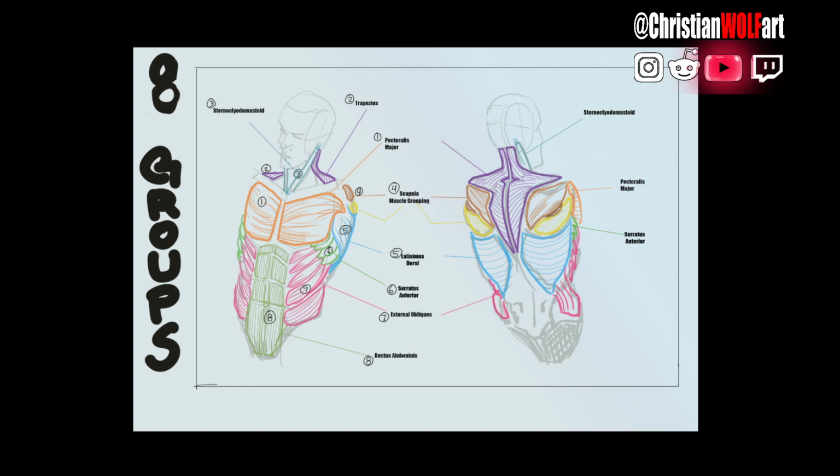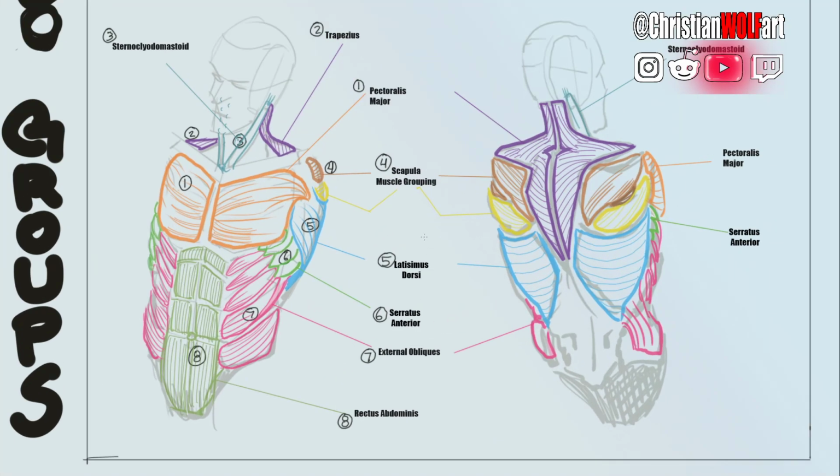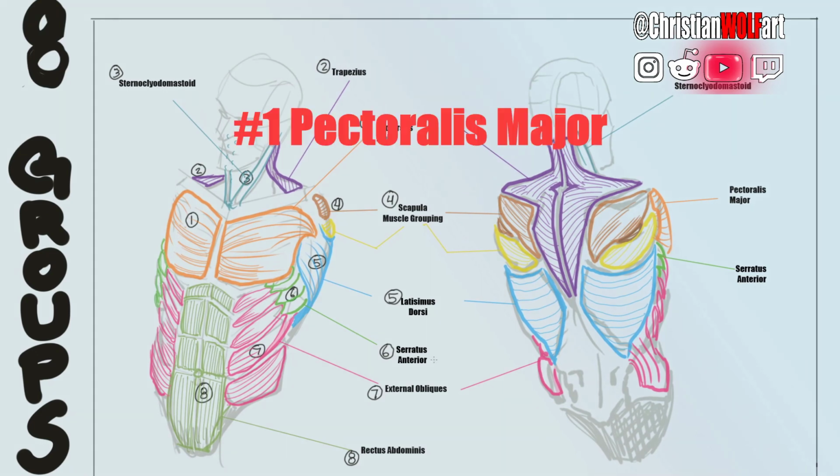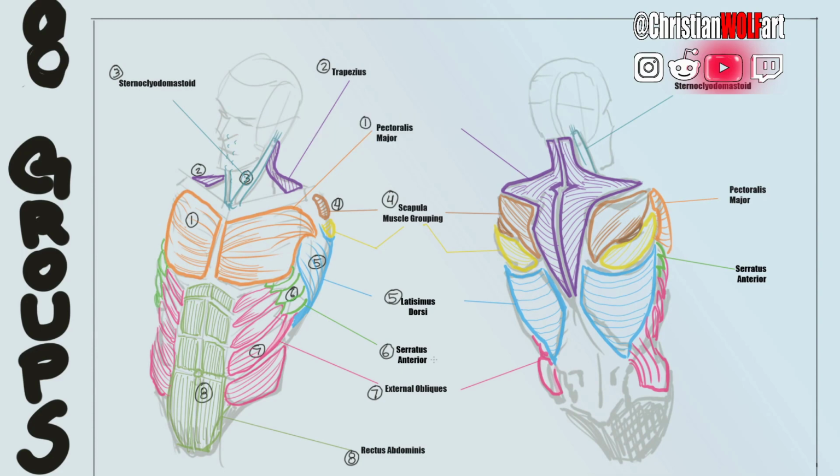So I've drawn a 3/4 from the front and a 3/4 from the back view of a male torso here, and I've listed the 8 groups, starting with the chest muscles, which their anatomical term is the Pectoralis Major. These are all a bunch of old school Latin terms that still hold up today.